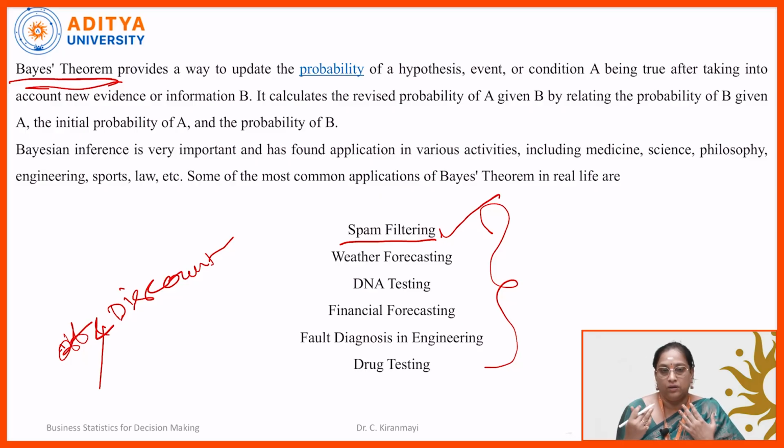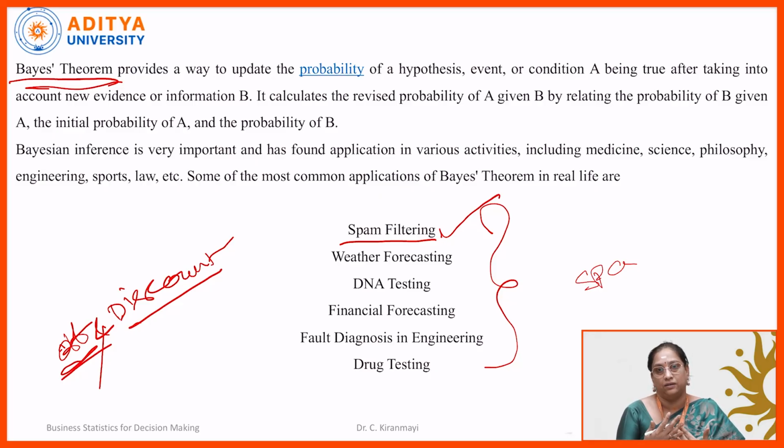So, Bayes theorem calculates, using the historical data, the probability that a mail is going to be a spam mail if it has keywords like discount, offer and all. Okay.